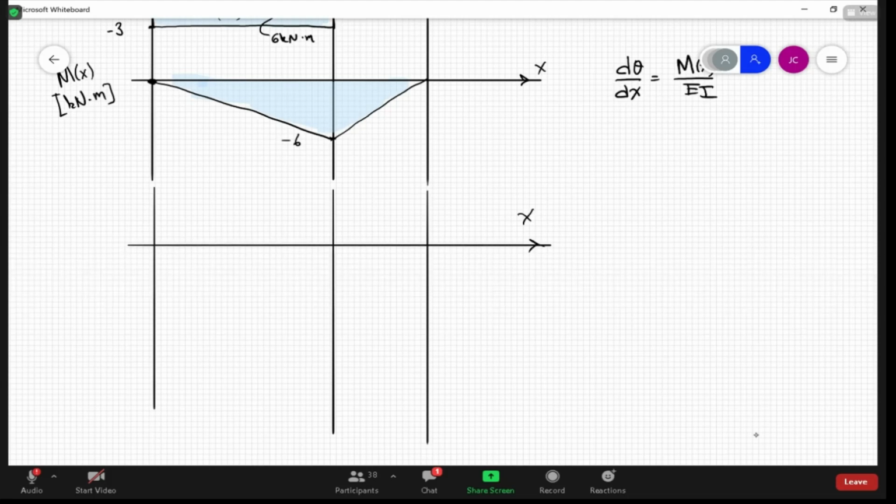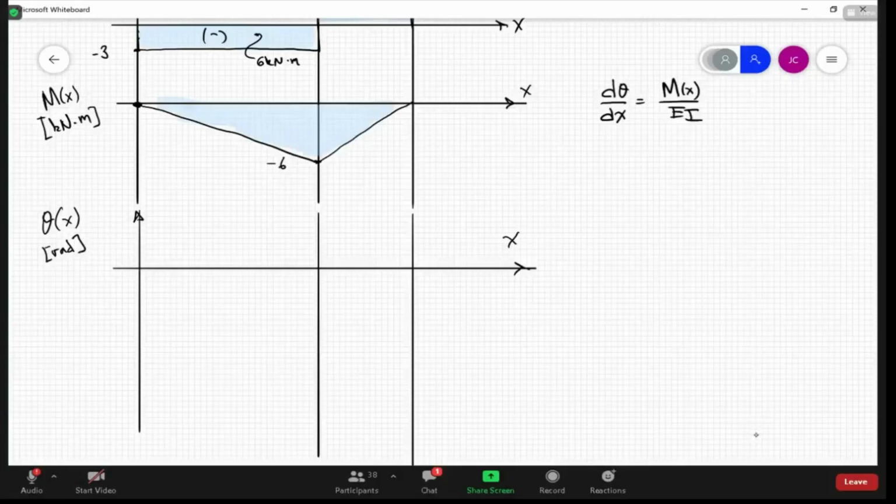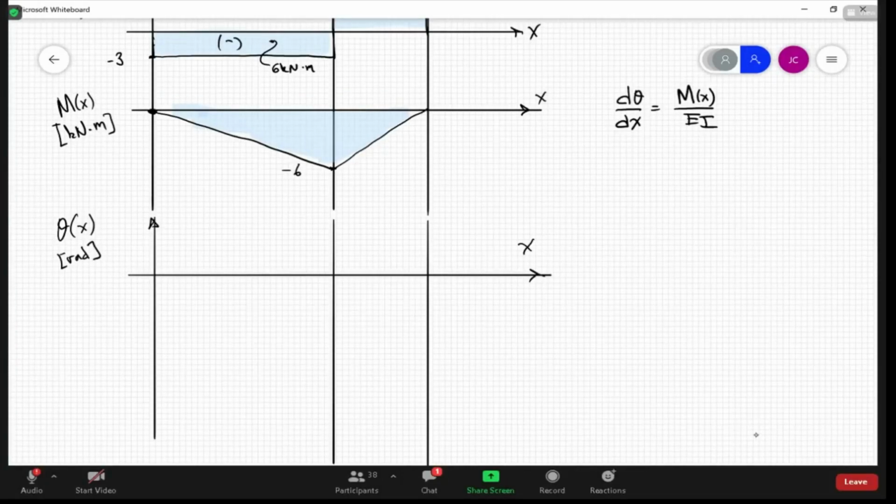So here's x, and now we're going to plot theta. This is going to be in radians, since it's dimensionless. Let's talk about what the shape of this is going to be.